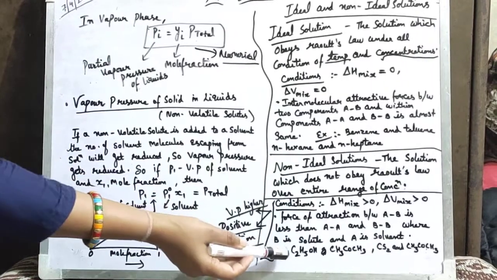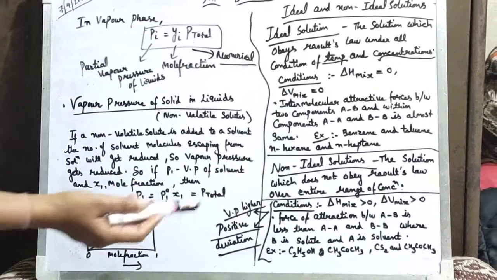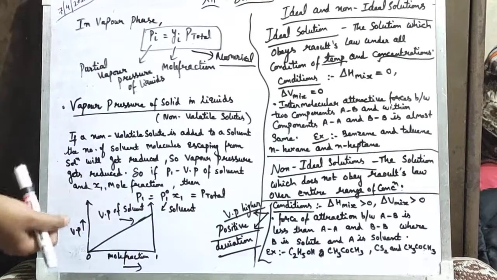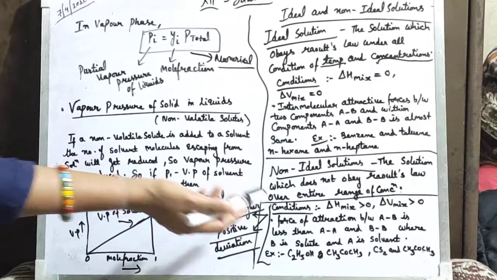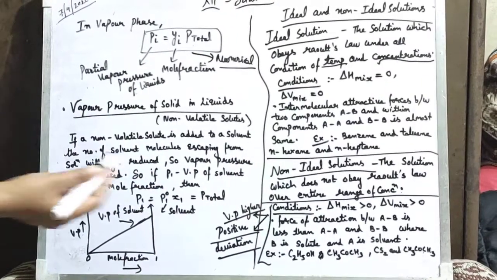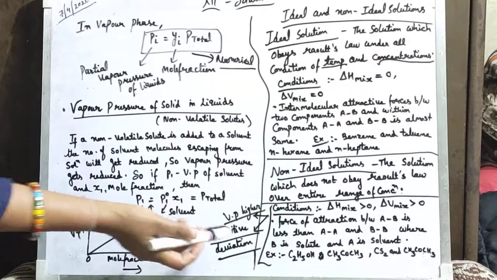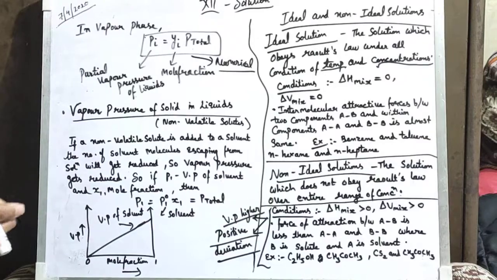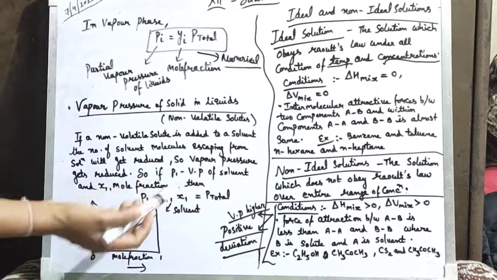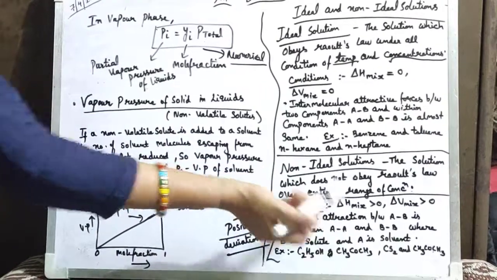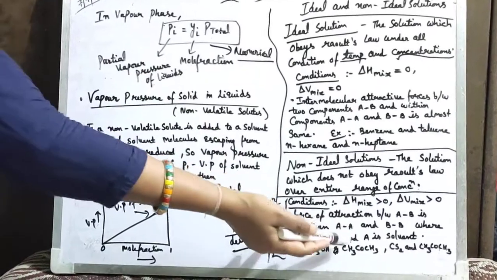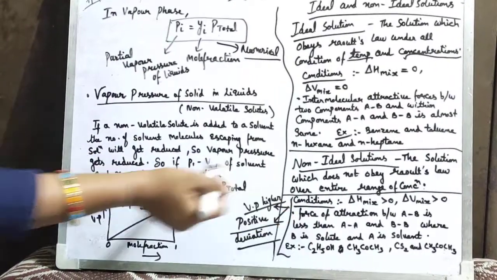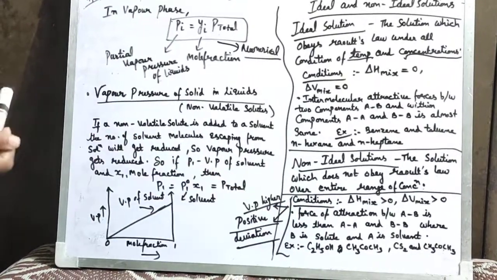For example, if I take alcohol and acetone, everybody remembers alcohol has a highly reactive, highly electronegative oxygen atom as well as a hydrogen atom. And you know the basic condition of hydrogen bonding. So alcohol has hydrogen bonding in it, and this hydrogen bonding gets broken up in the presence of acetone, because the acetone molecule will come in between this hydrogen bonding of alcohol.